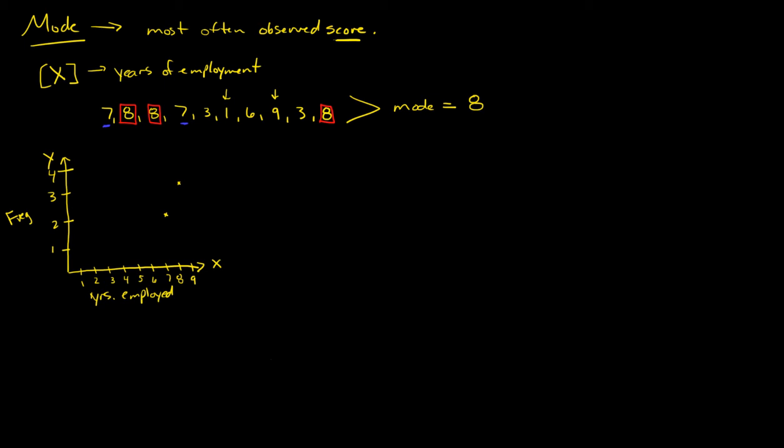Let's see, over here, 2 threes. We have 1 one, 1 six, and see that captures all of them: 3 eights, 2 sevens, 2 threes, a 1, a 6, and 1 nine.